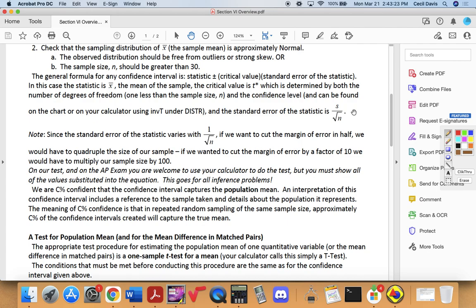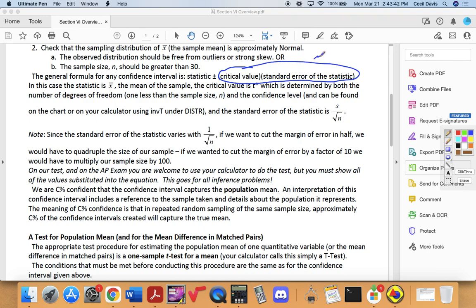One thing to note on that: if I want to cut my margin of error in half, oh, and remember that, and I sometimes forget, this whole thing, critical value times standard error of the statistic, that's margin of error. That plus or minus is the margin of error.